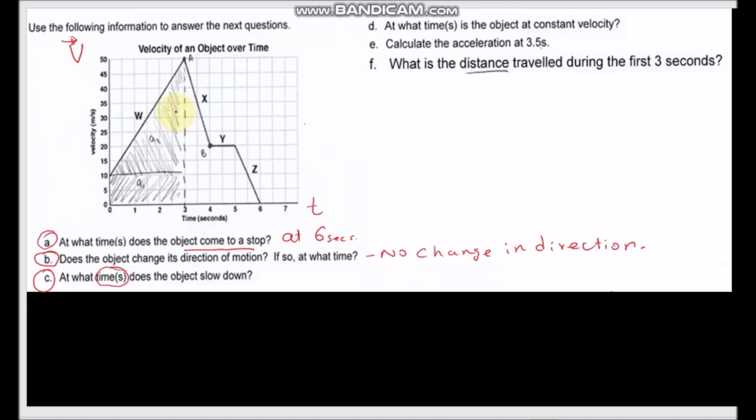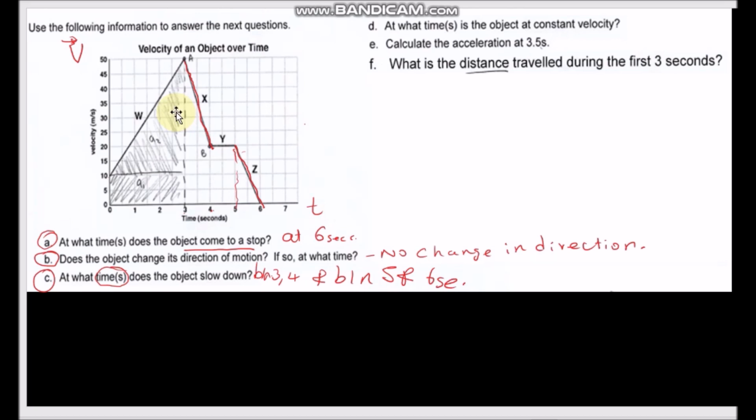At section X, for example, and at section Z, the object slows down. That means between 3 and 4 seconds, and between 5 and 6 seconds, the object slows down.